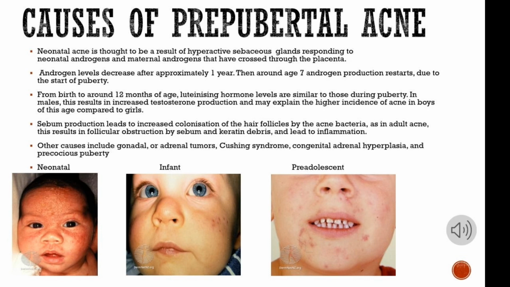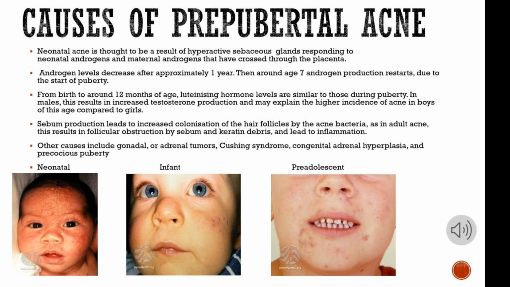From birth to around 12 months of age, luteinizing hormone levels are similar to those during puberty. In males, this results in increased testosterone production and may explain the higher incidence of acne in boys of this age compared to girls. Sebum production leads to increased colonization of the hair follicles by the acne bacteria.